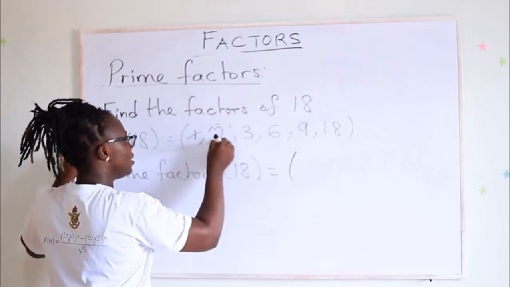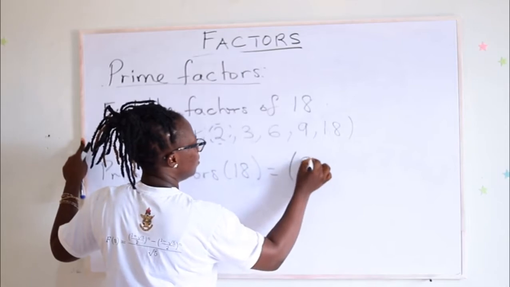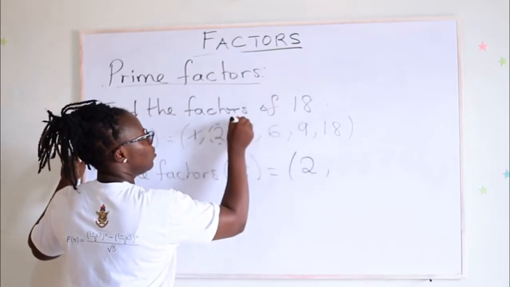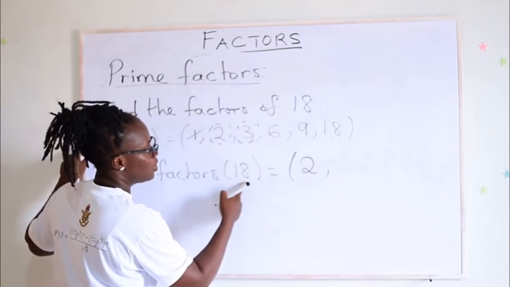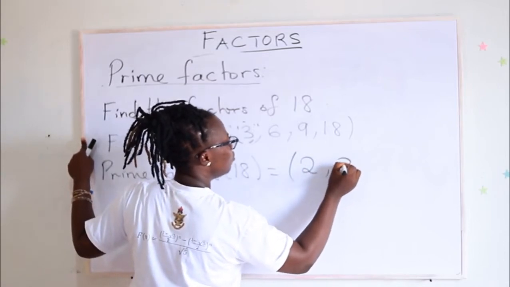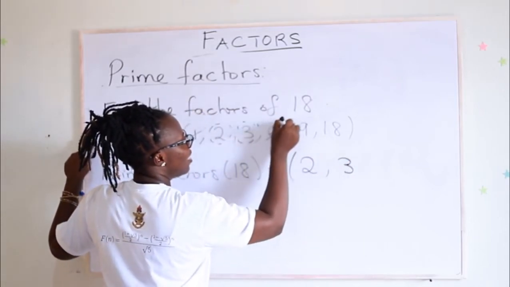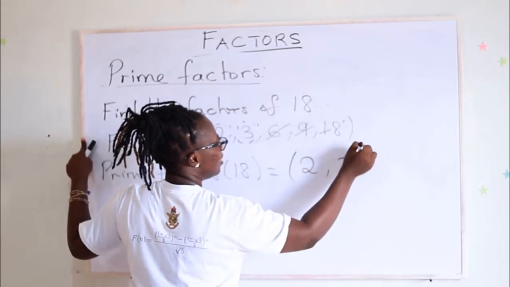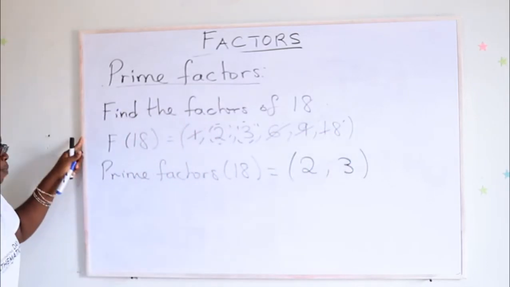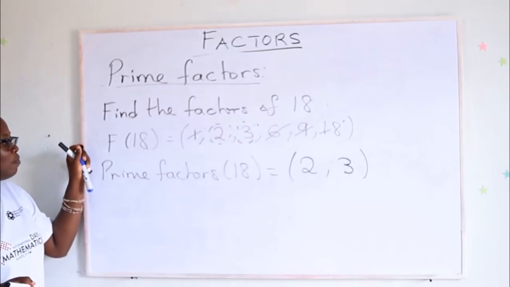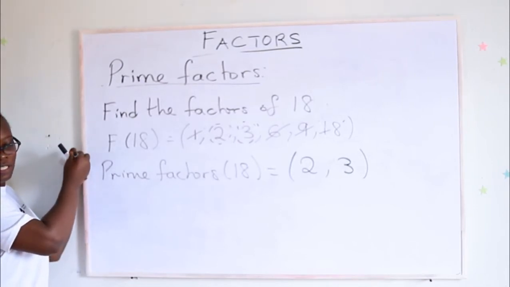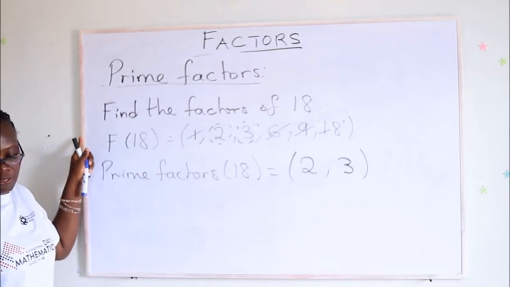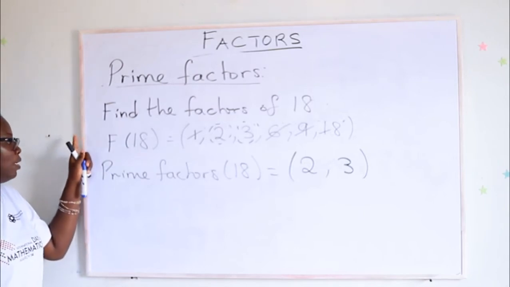So 2 is a prime number which is a factor of 18. So 2. Then the next one, 3 is a prime number which is a factor of 18. So 3. 6 is not a prime number, 9 is not, and 18 is not. So the prime factors of 18, PF of 18, are 2 and 3.